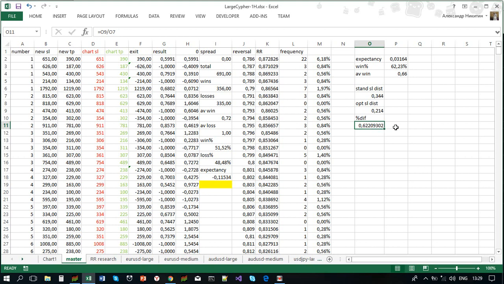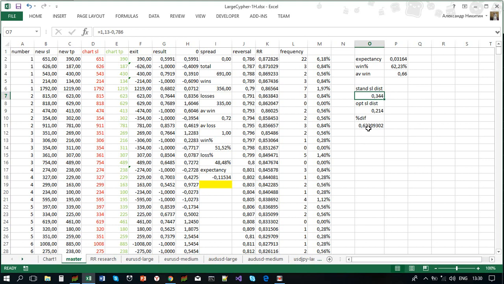And you see they are related to each other almost as the golden ratio of 0.618, yes? And I think this is not accidental. And this golden mean ratio is not accidental here. Okay, so what it means is that our new stop loss is 0.62 of our old stop loss.